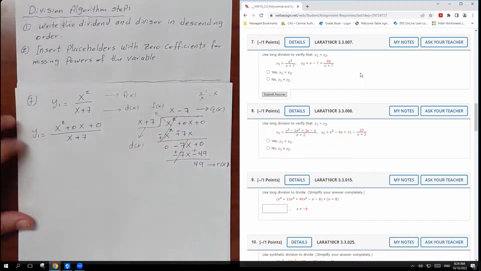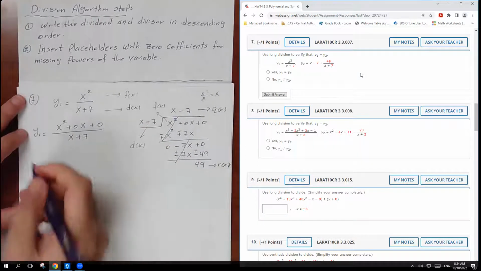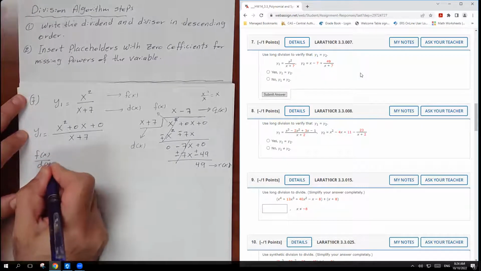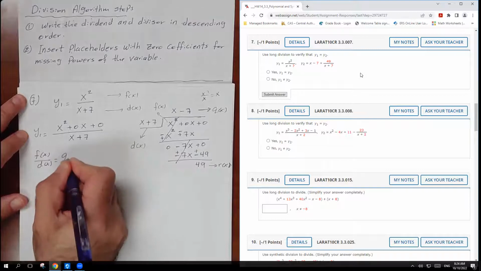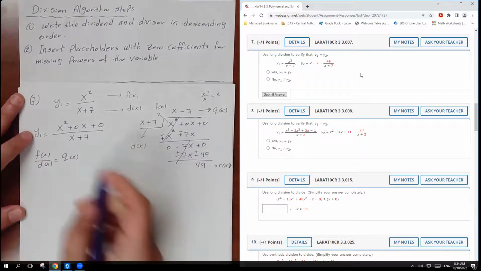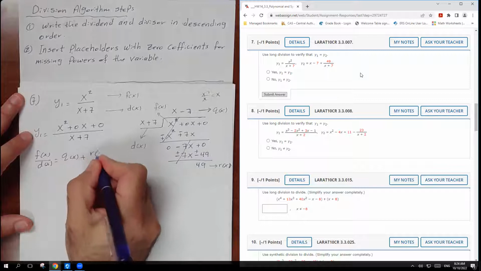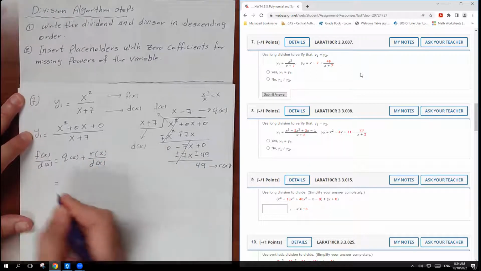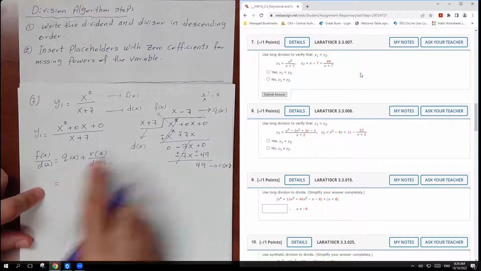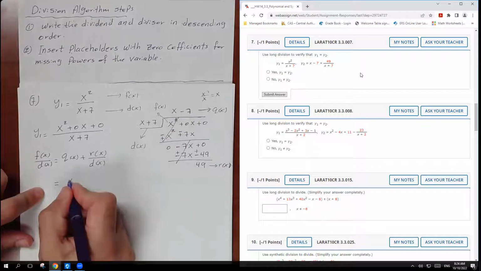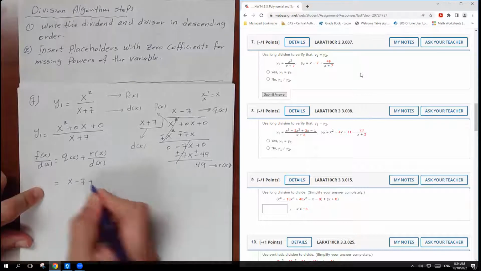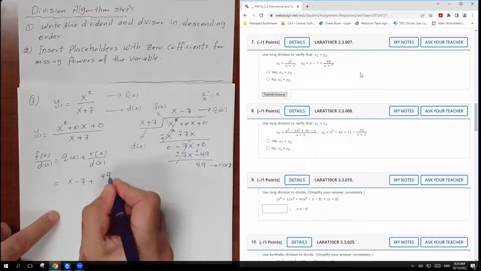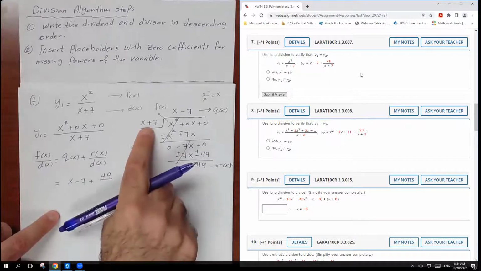That means to write down the solution, we're going to say f of x divided by d of x equals q of x plus the remainder divided by the divisor. And this one equals q of x, which is x minus 7, plus the remainder, which is 49, over the divisor, which is x plus 7.